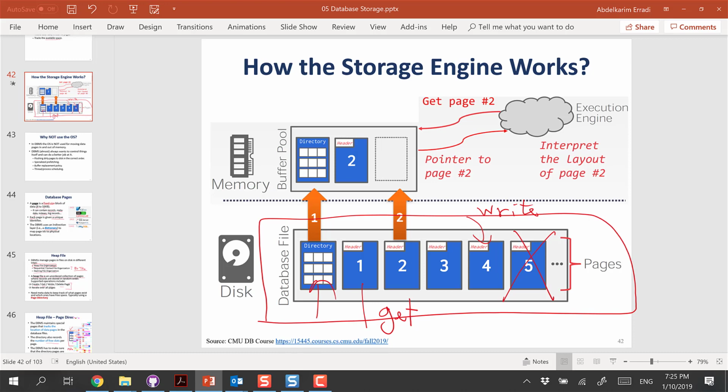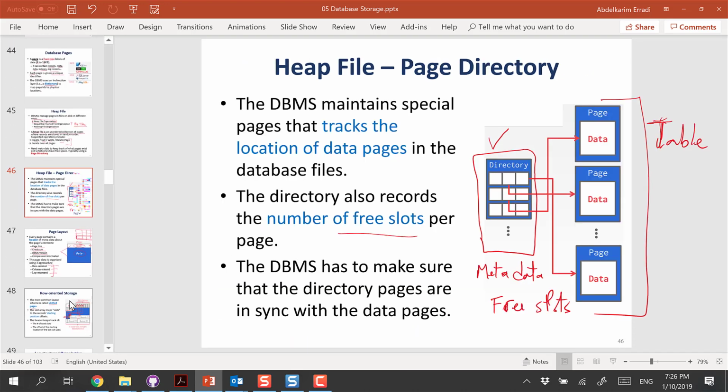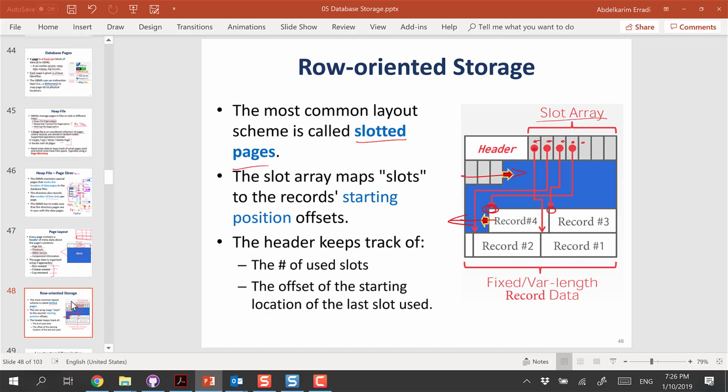In the dictionary, I have the logical address of the page mapped to the physical address of the page. In the slot array, I have the record ID, which is a logical identifier of the record, mapped to the physical location in the page. The physical location is computed in terms of offset.